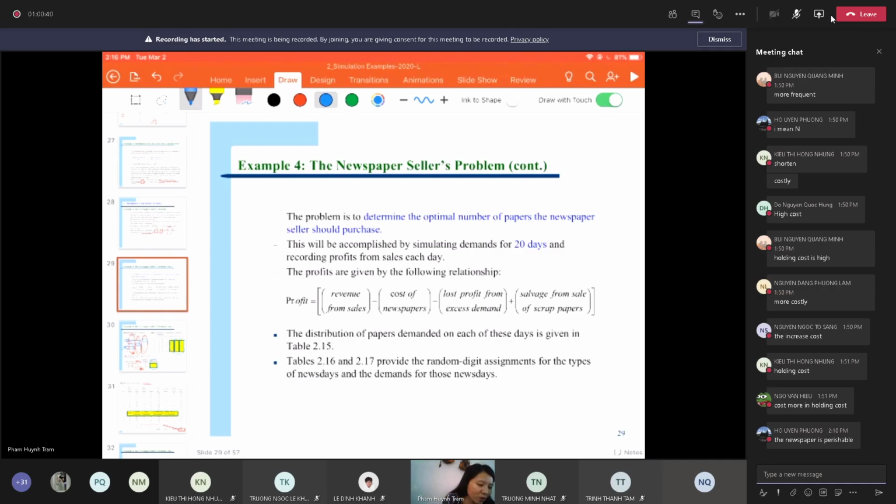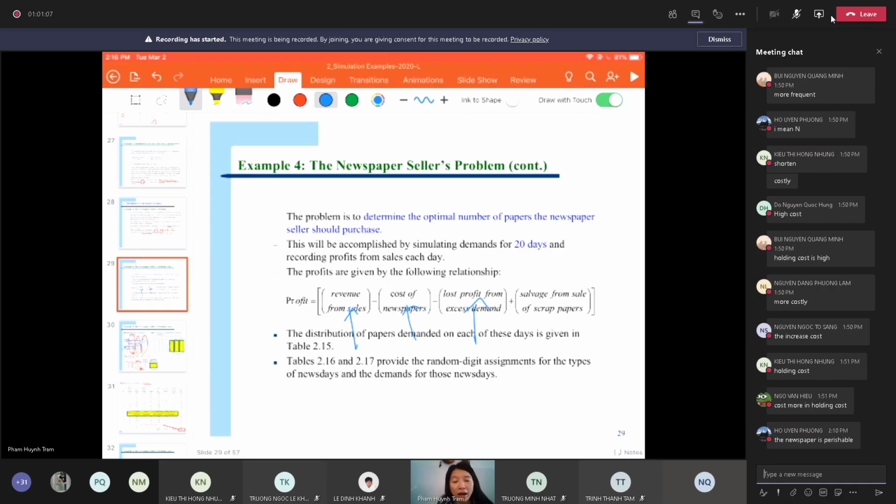So we need to know the sales, the demand, and with the papers we purchase, we will see how much revenue we get. What is the cost of the newspapers that we buy? What is the gross profit if the demand exceeds the number of newspapers we have?